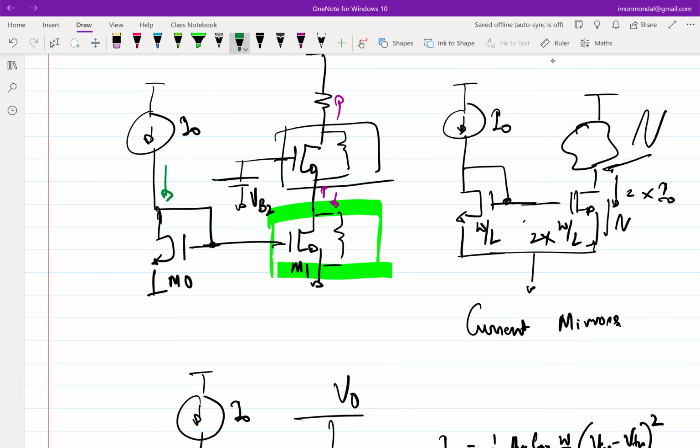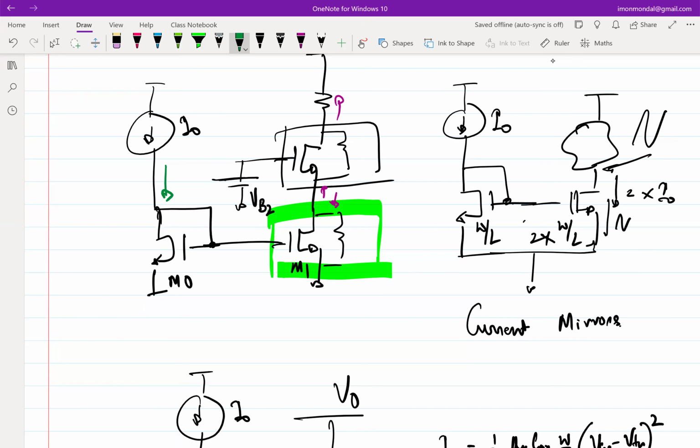No, that's a good question, right? So let me throw it to the class. I know exactly what your point of contention is, and I'm glad that you brought it up. So the question is, do you agree that I0 flows into M0? But then you say that the introduction of GDS or lambda or channel length modulation changes that. Does it change the fact that I0 flows into M0?